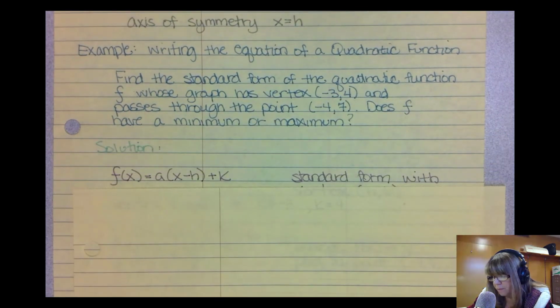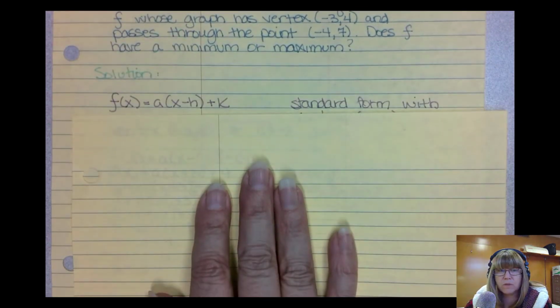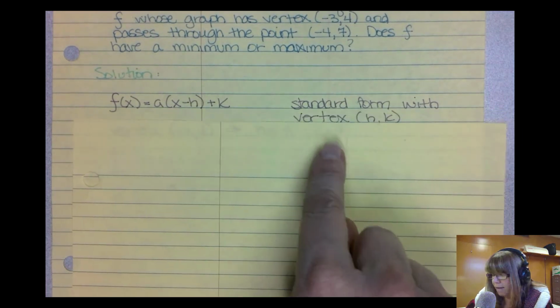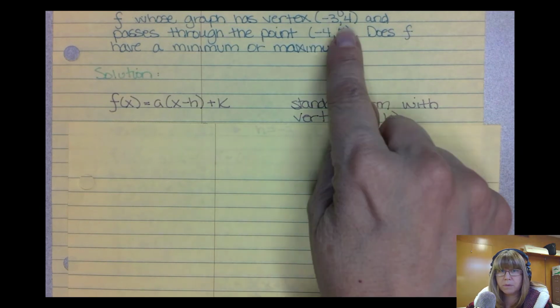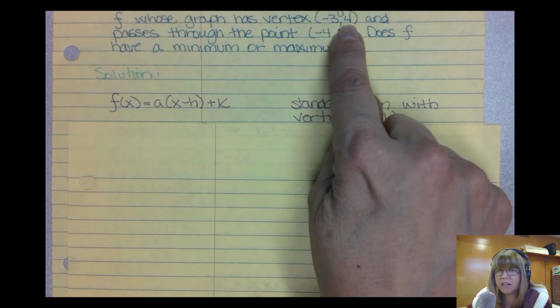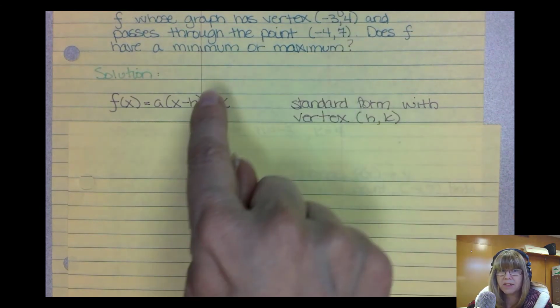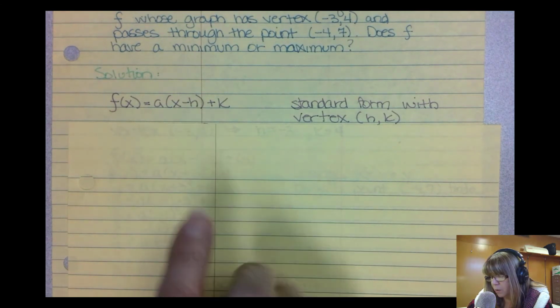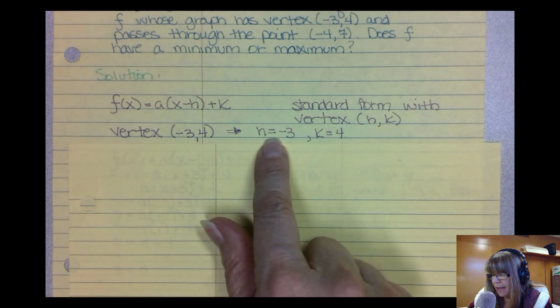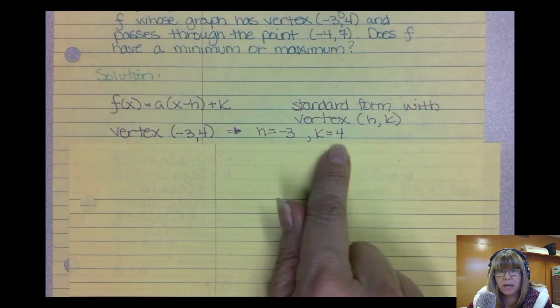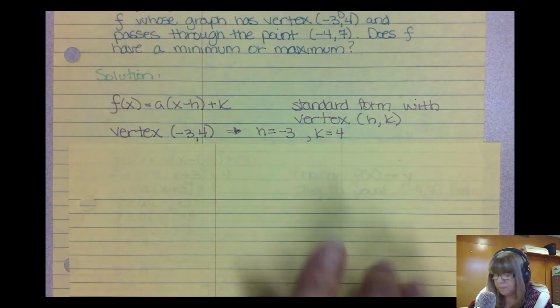Here we go. Let's take our standard form where our vertex is h, k. Now remember, we're given our vertex of (-3, 4). So let's go ahead and plug that portion into our equation. So if our vertex is (-3, 4), h equals -3, and k equals 4.